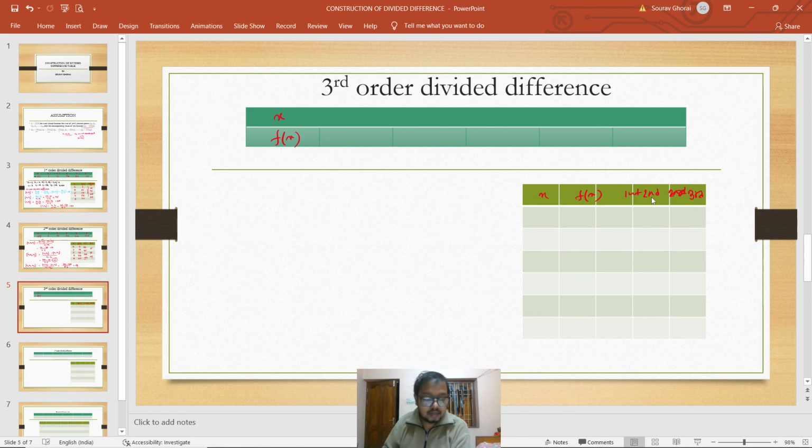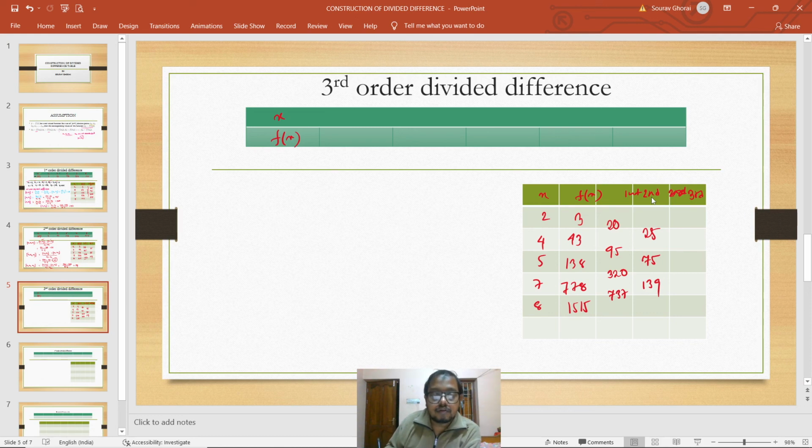So here I write the values: x is 2, 4, 5, 7, 8; f(x) is 3, 43, 138, 778, 15. The first order is 20, next one is 95, this one is 320, next one is 737, and this one is 25, 75, 139.